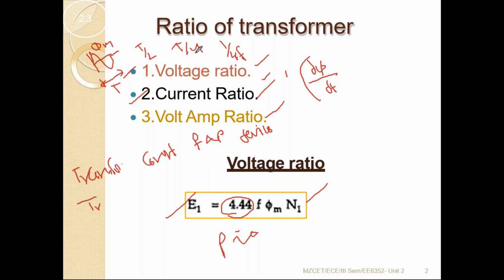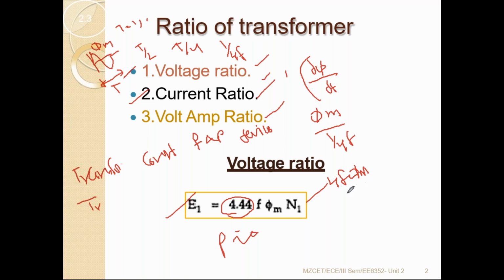Because time is inversely proportional to frequency. So I can write T is equal to 1 by f. Now d phi I can write as phi m and dt I can write as 1 divided by 4f. So finally you can write the average value of EMF is given by 4f phi m.